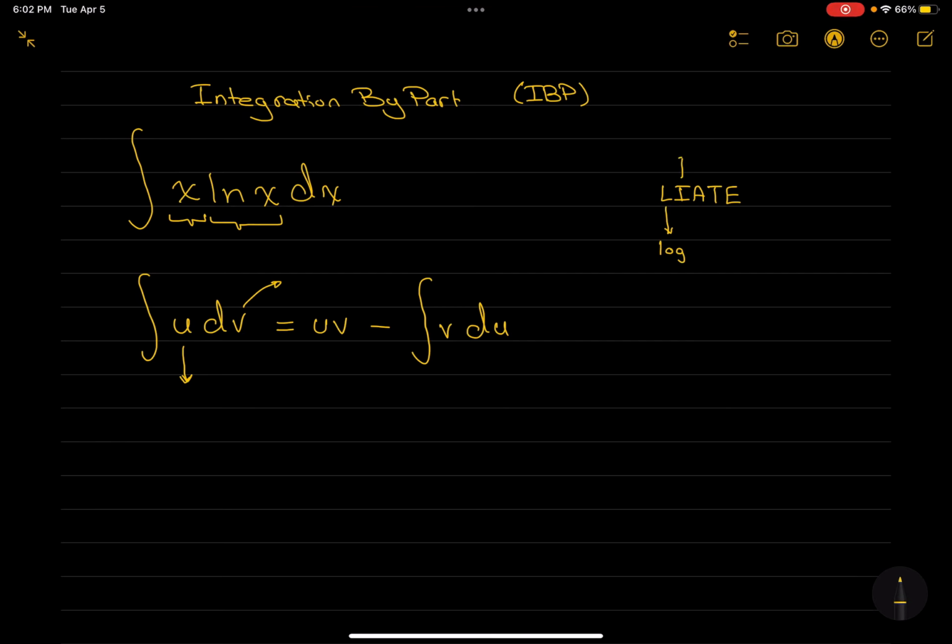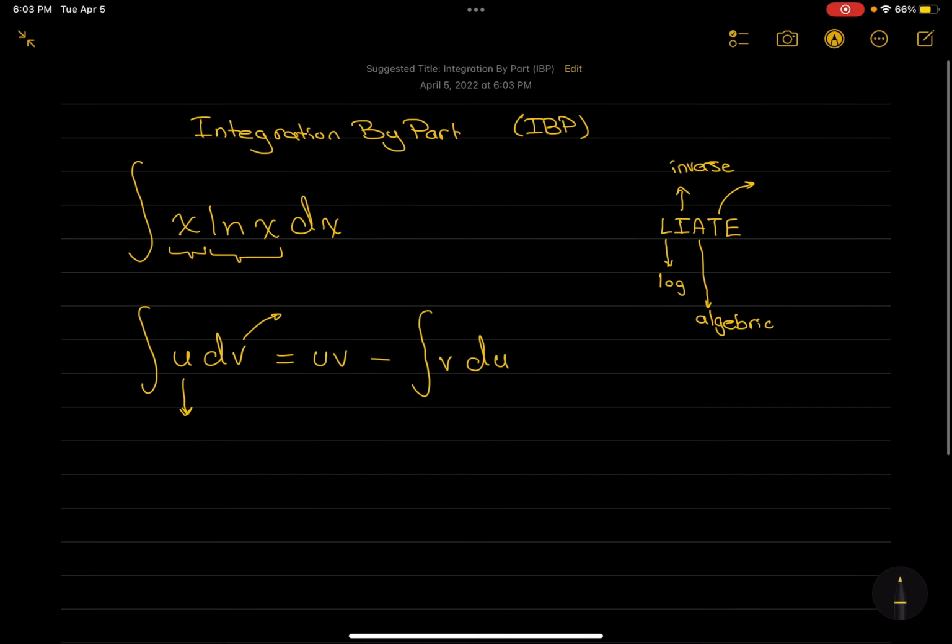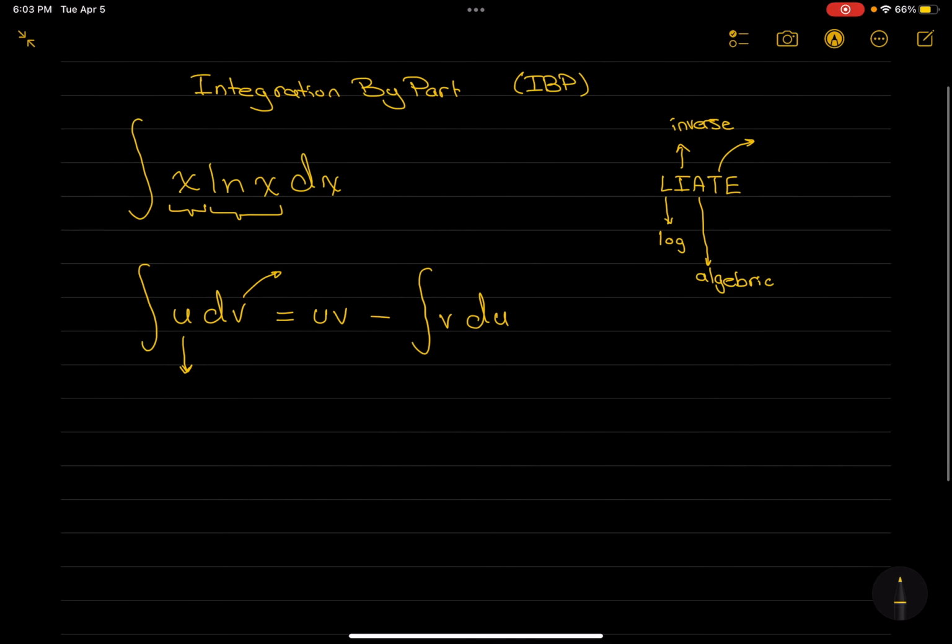Then I is for inverse functions, such as inverse of cosine, inverse of sine. A is for algebraic. T, as you can guess, is for trigonometric. And E is for exponential.